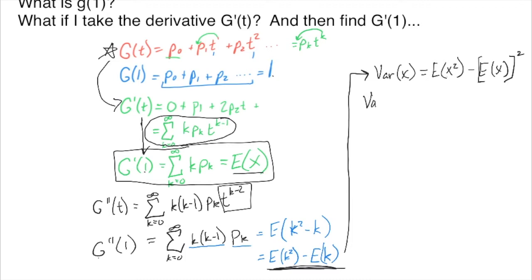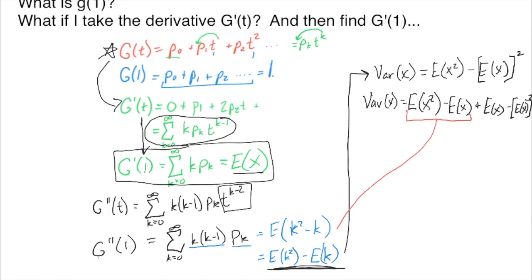I'm going to say the variance of X is equal to E of X squared. Then I'm going to put in a minus E of X, but of course if I put in a minus E of X, I've got to put a plus E of X there to balance it out. Just add and subtract the same number, and then minus E of X, squared. Now, putting all that together, I now have E of X squared minus E of X, which was g double prime of 1.